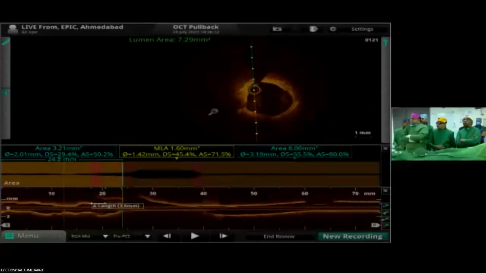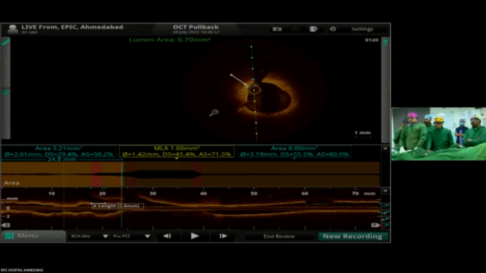The plan is after the cutting balloon, we are going to do OCT again, and then stent. Yeah, that would have been better, because you do not know, the distal artery may be in spasm, and that's why you are getting an area of only 3.2 with 1.6 millimeter diameter. Correct. Although we have given NTG twice before taking the OCT.